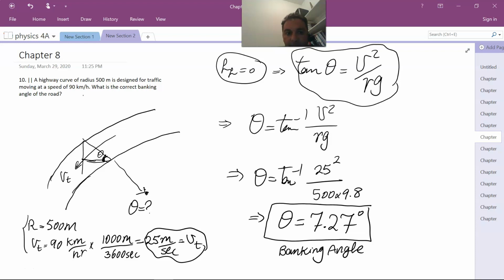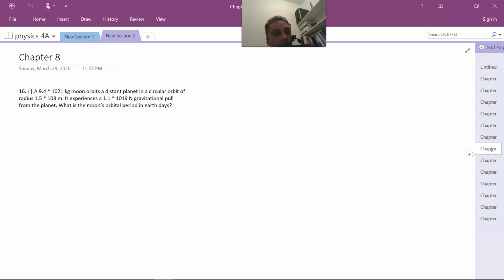If it goes 91 kilometers per hour, this car will slide out of the curve. So this is sliding out, if it goes more than 90. I think I discussed this enough in the lecture. Right.